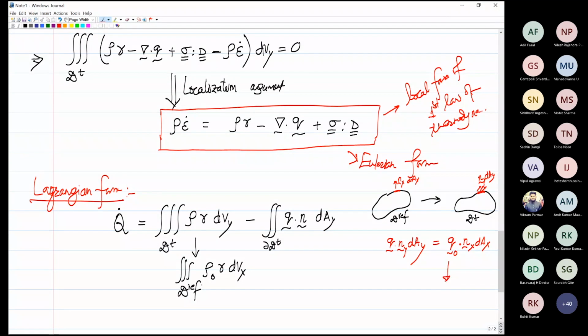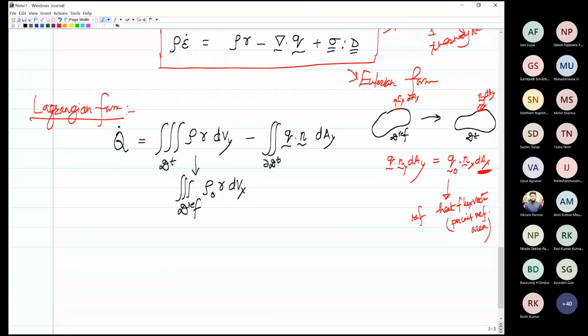What is Q naught then denoting? Q naught is the heat flux vector, and it's actually a referential heat flux vector or Lagrangian heat flux vector. In the bracket, it is per unit reference area, because you see it is multiplied with dAx. So we are introducing a new quantity Q naught, such that this holds.